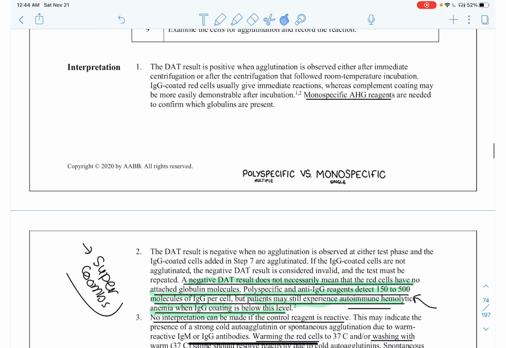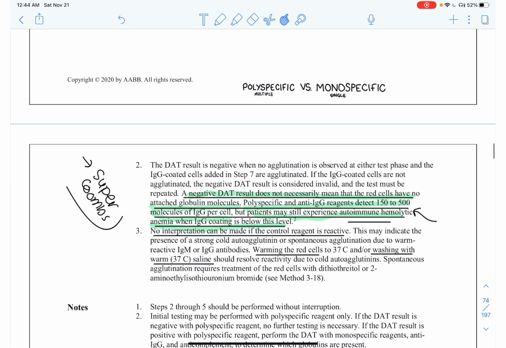The thing that I highlighted here, number 2, was very important. A negative DAT result does not necessarily mean that the red cells have no attached globulin molecules. Polyspecific and anti-IgG reagent detects 150 to 500 molecules of IgG per cell, but patients may still experience autoimmune hemolytic anemia when IgG coating is below this level.